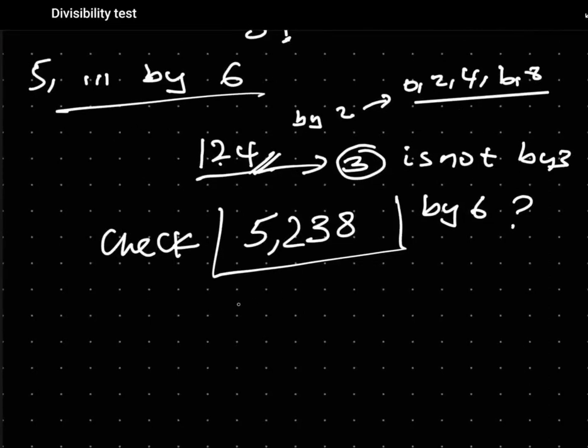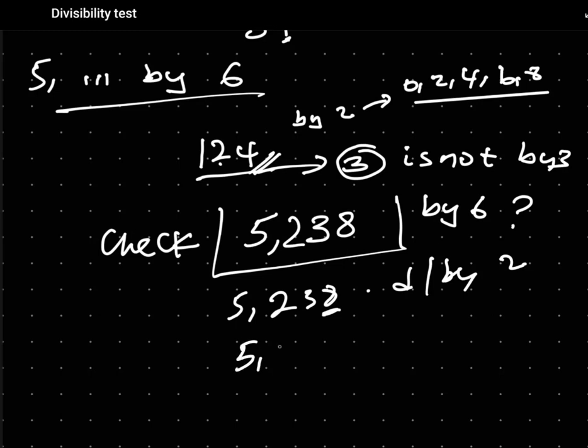Now first you check, is it divisible by 2? Is this number, 5,238, divisible by 2? So the only thing you do is you check the ones place. So the ones place is 8, so that number is divisible by 2.